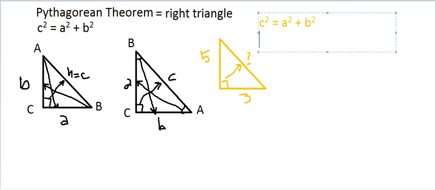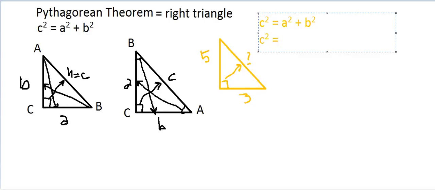Okay, and so our c is unknown, so we're going to solve it. It's up to you which one is your a and which is your b, because addition is commutative. Because 2 plus 3 is 5 and 3 plus 2 is still 5.